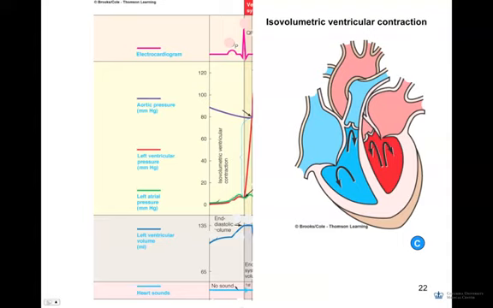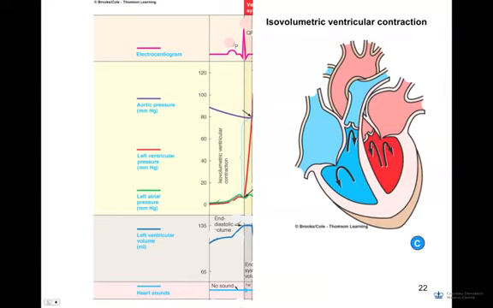And if we break down that word, isovolumetric, iso means same, and volumetric obviously means volume. So isovolumetric contraction is a contraction against a constant volume. Okay? And so the ventricle is contracting, the volume of blood is what's constant.